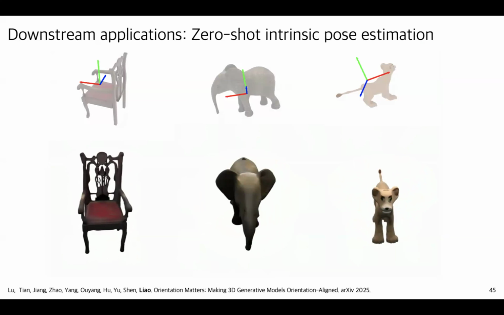For these three images, we can now generate objects in aligned orientation. And we can perform object pose estimation in a zero-shot manner by taking these generated objects as templates to perform zero-shot intrinsic pose estimation simply using an analysis-by-synthesis fashion.